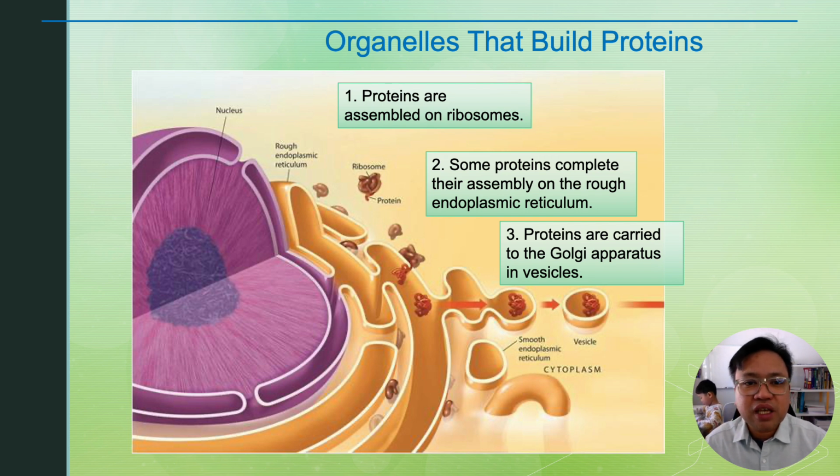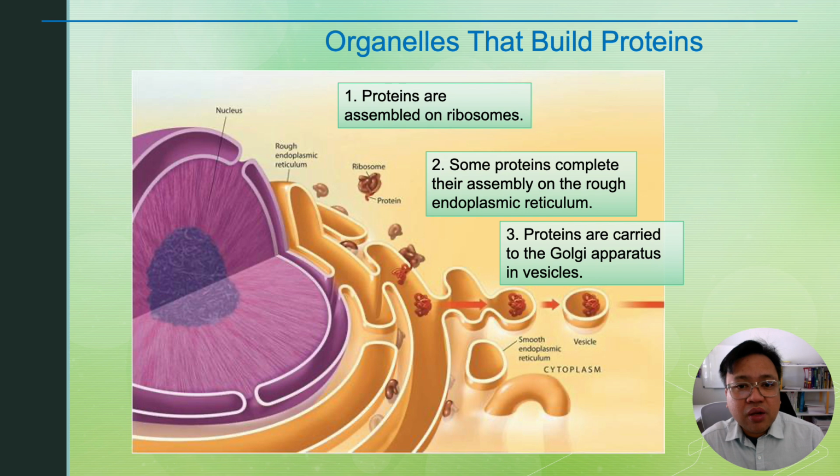These vesicles carry the proteins from the rough endoplasmic reticulum to the Golgi apparatus, the cell's distribution center. The Golgi apparatus modifies, sorts, and packages proteins for their final destinations. Some proteins will leave the cell, while others will be directed to specific locations within the cell.